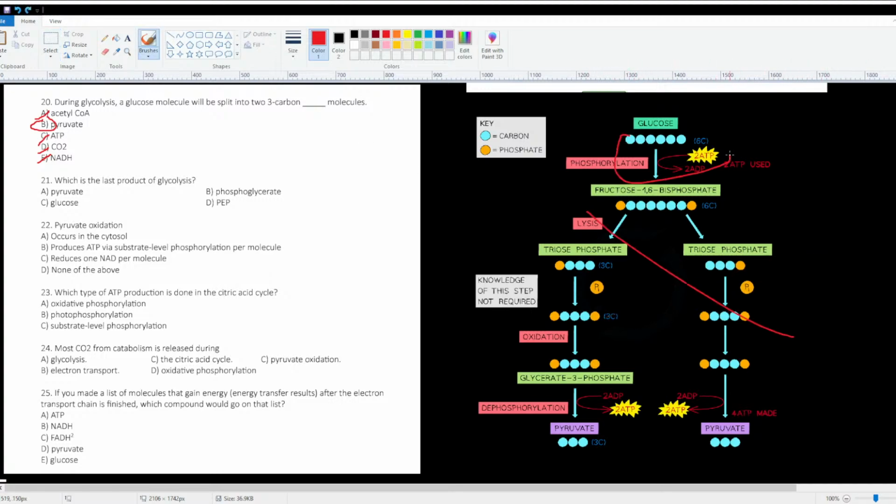What we care about is what we're starting with, a 6-carbon molecule, and what we're ending with, 2 3-carbon molecules, and ATP and NADH. So we ended up with 2 pyruvates from 1 glucose. It's just something I really want to emphasize.